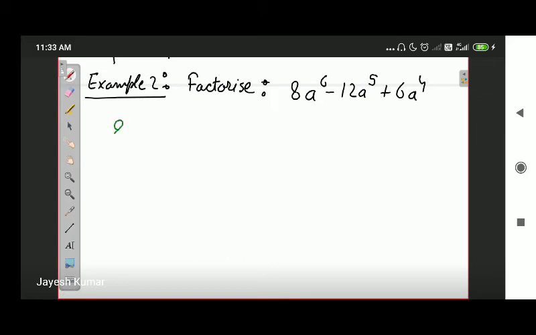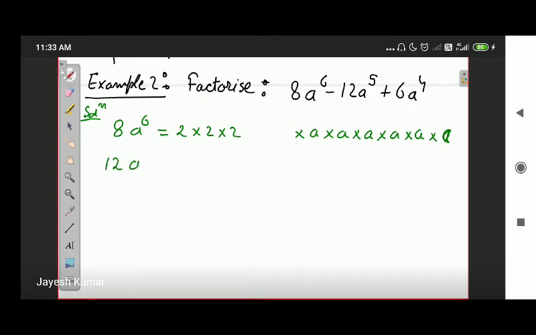So the solution will be: 8 a to the power 6 will be written as 8 is 2 into 2 into 2. After that we will have a 6 times, a 1, 2, 3, 4, 5 and 6. After this we have 12 a to the power 5.